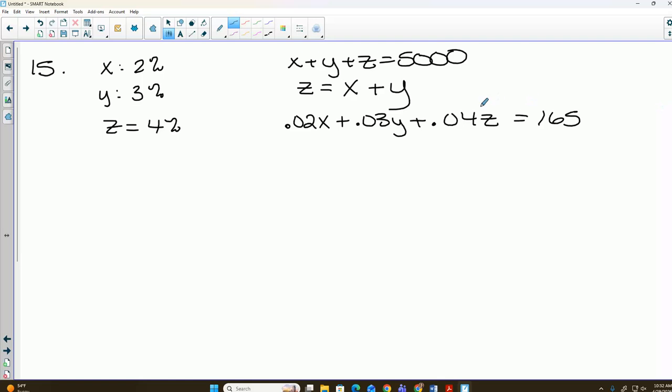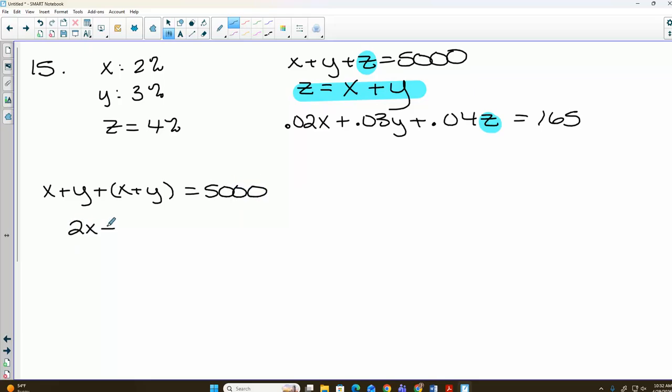So I'm assuming what you did is probably subbed this z into both of those equations to start. Okay. So if you did that route, the first equation becomes x plus y plus x plus y equals 5,000. So that's 2x plus 2y equals 5,000.